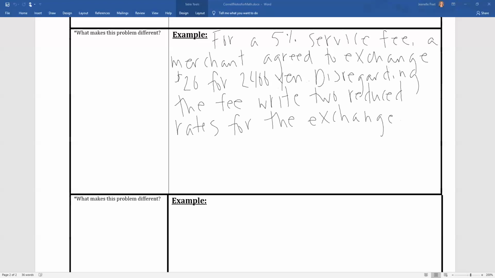Okay, how is this problem different? Well, using my colored pencil, what makes this problem different is they just want the rates, the rates or ratios, which you know to be fractions.